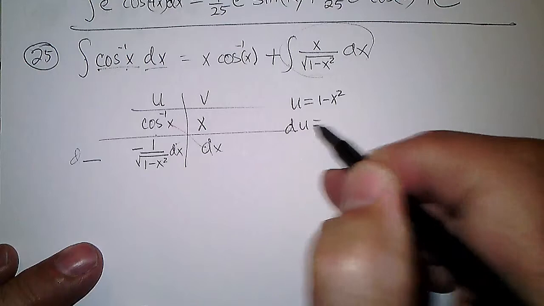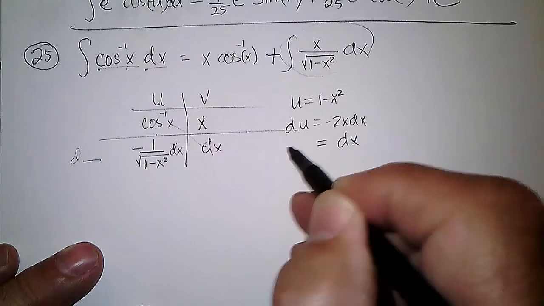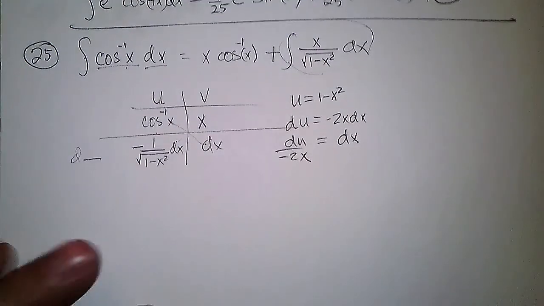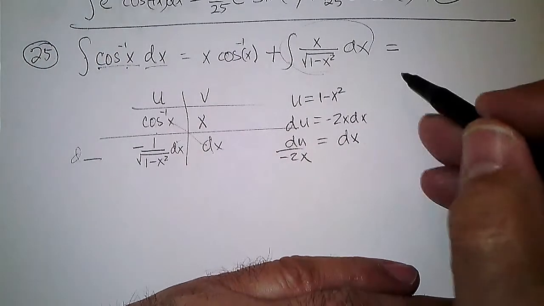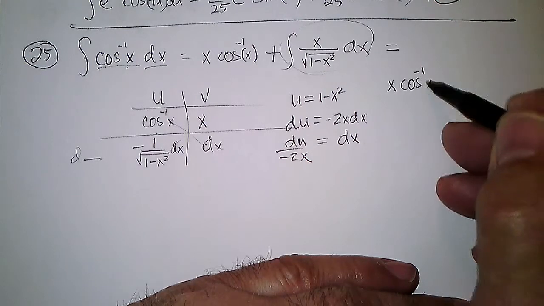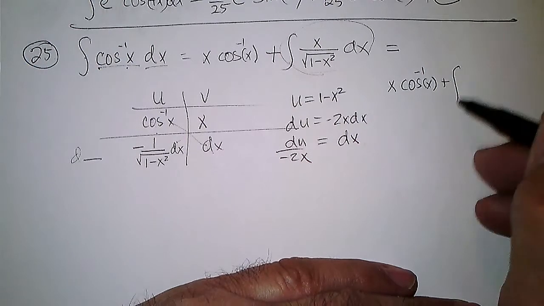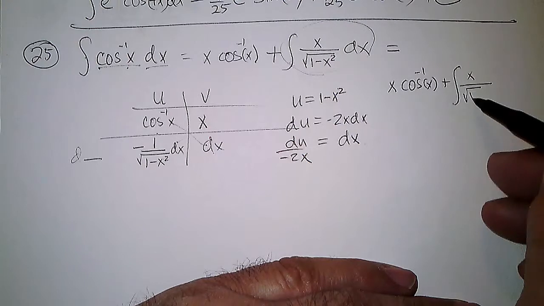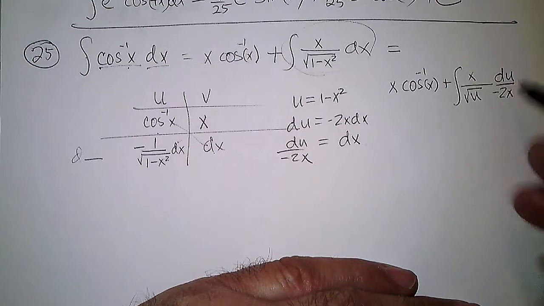So du would be minus 2x dx. So dx will be replaced with du over minus 2x. And then this would become x cosine inverse of x plus the integral of x over square root of u du over minus 2x.